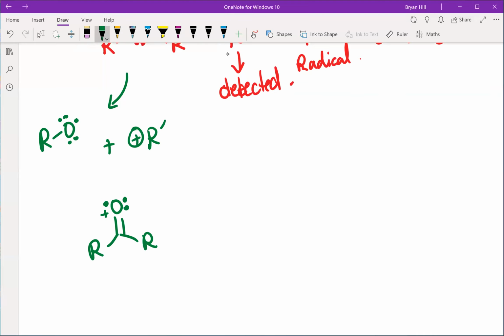So in this case, if you've got a carbonyl, you can break bonds here or here through this inductive way of doing things.